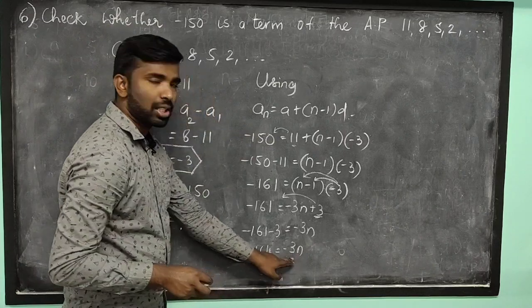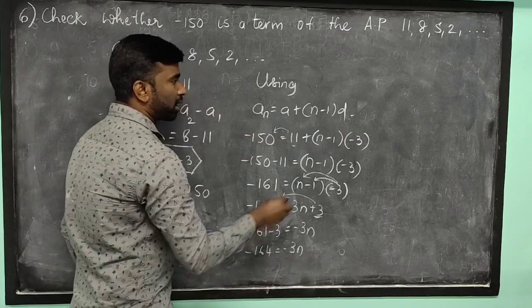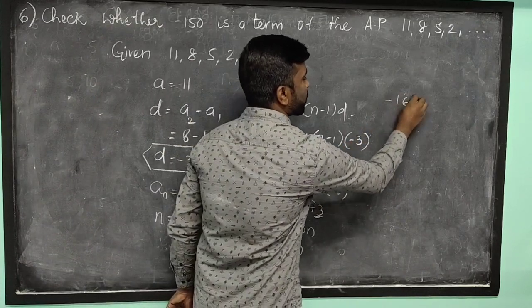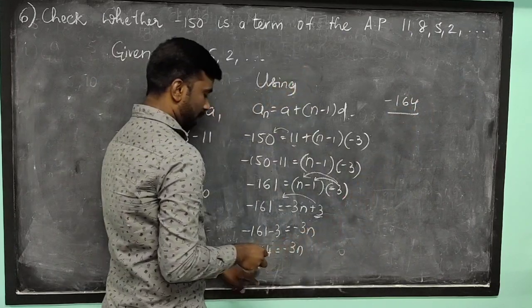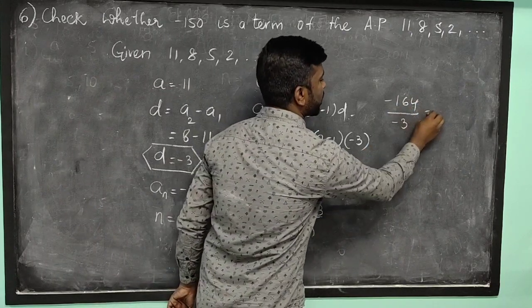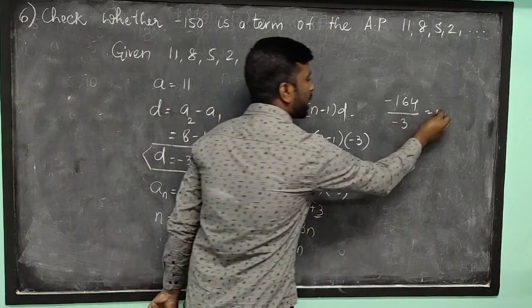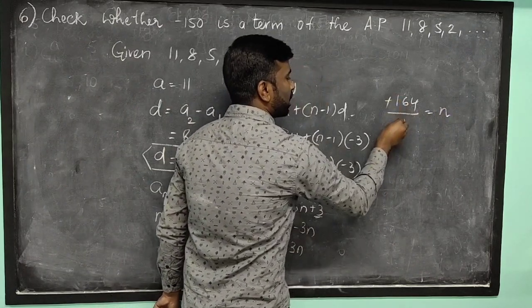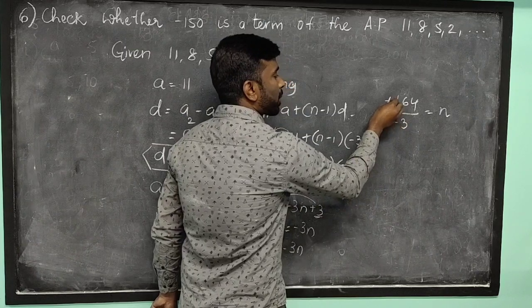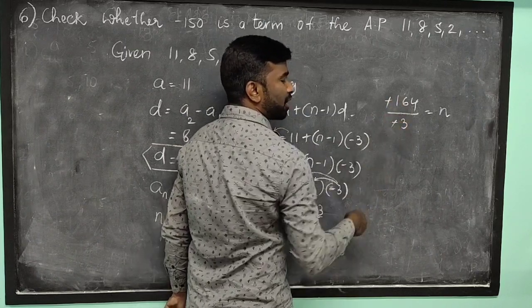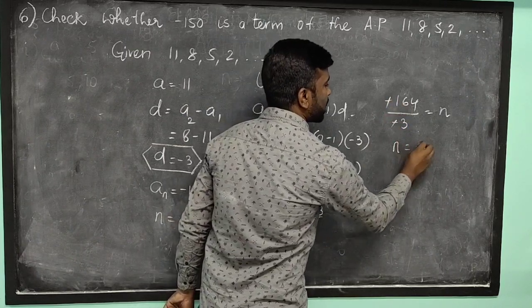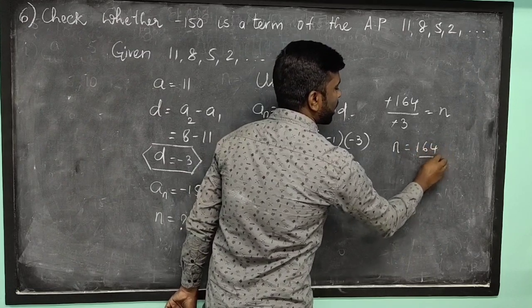Now divide both the sides by minus 3. What you get is minus 164 divided by minus 3, which is equal to minus 3n divided by minus 3. Minus 3 and minus 3 will cancel out. You get n. The negative signs on both sides will cancel out. We get n equals 164 divided by 3.